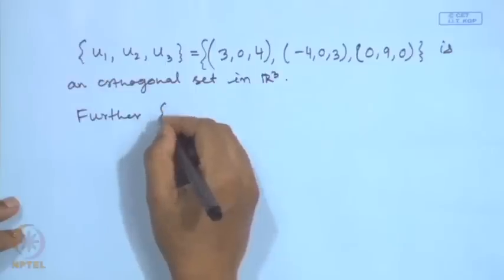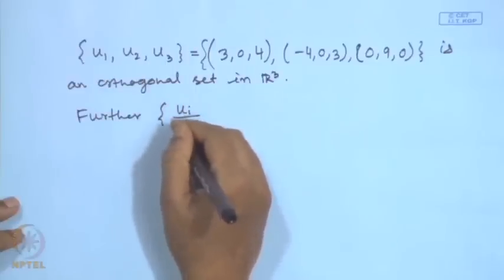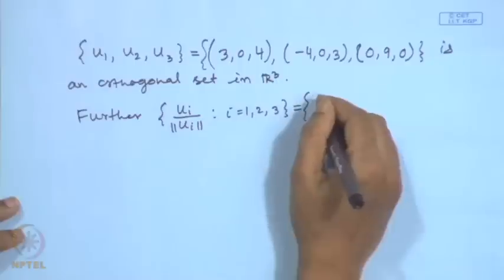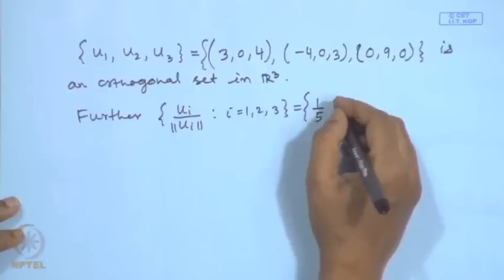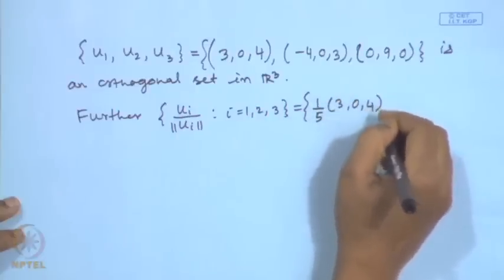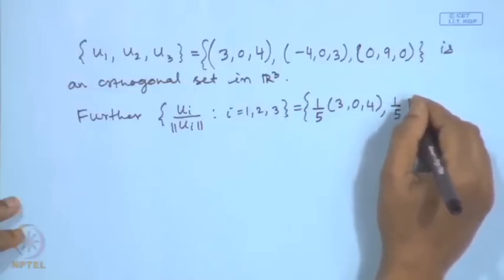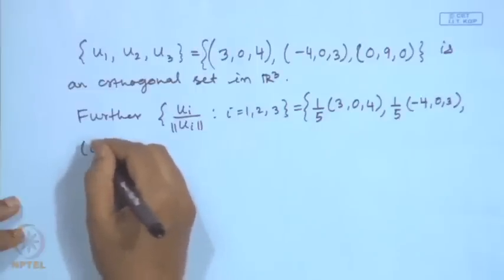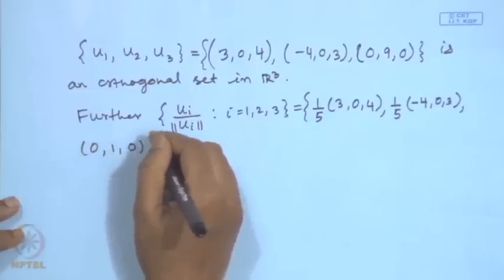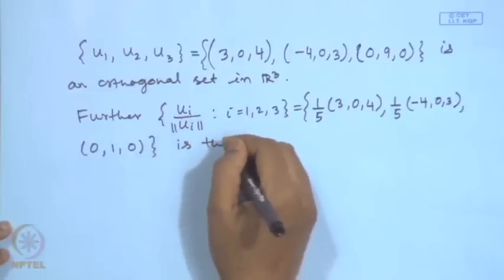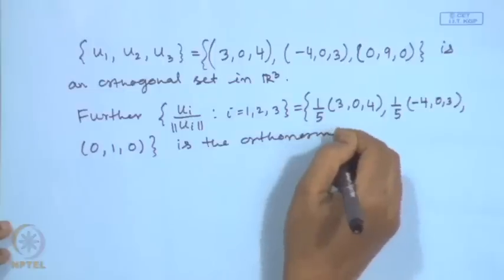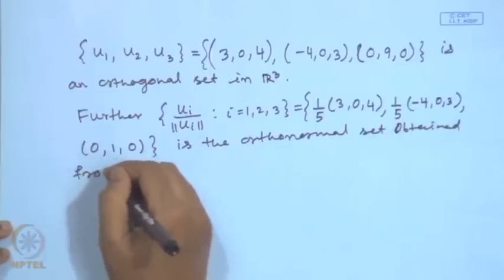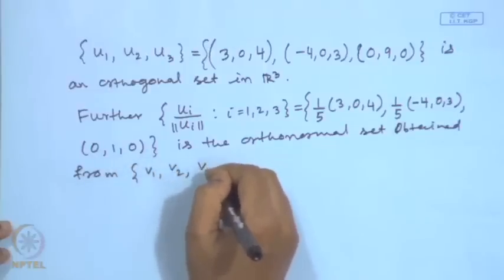Further, the set ui divided by norm of ui, i from 1 to 3, where norm of u1 is 5, with (3, 0, 4), norm of u2 is also equal to 5, with (-4, 0, 3), and the vector (0, 1, 0), is the orthonormal set obtained from the vectors v1 v2 v3.